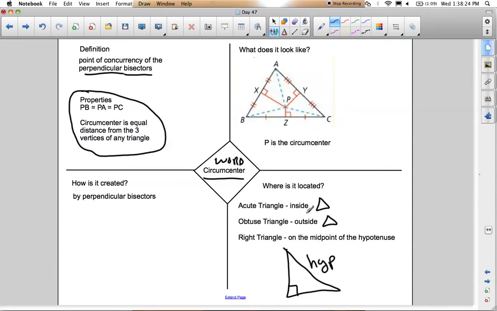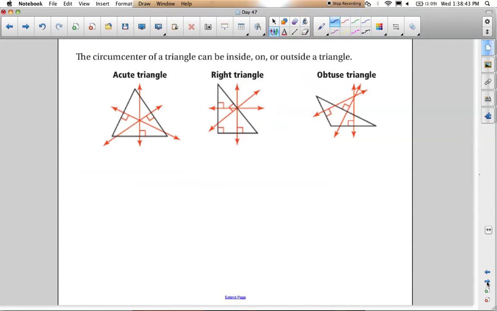So you have to know all three locations. Okay, now we're going to start applying this because there's only really one thing you have to know how to do, which is how to find the circumcenter. Okay, let's go to an example.